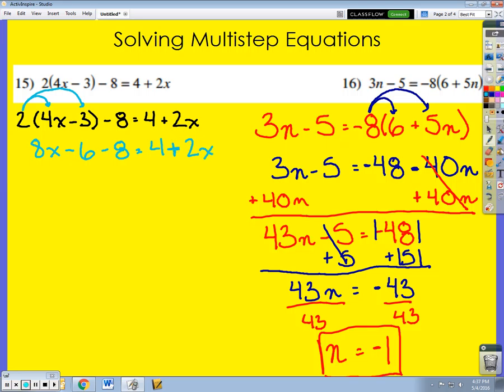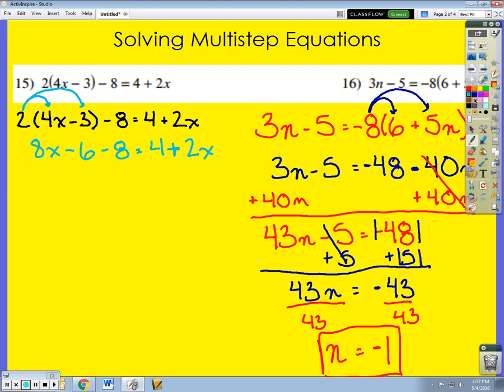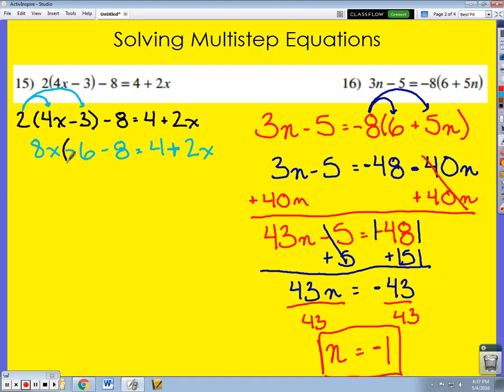Now, here comes, got to be careful with this. I know my man Buchanan can get this. 8x minus 6 minus 8. We can combine these. Minus 6 minus 8 really becomes -6 plus the opposite of 8 is negative 8. So this really works out to be 8x minus 14 is equal to 4 plus 2x.